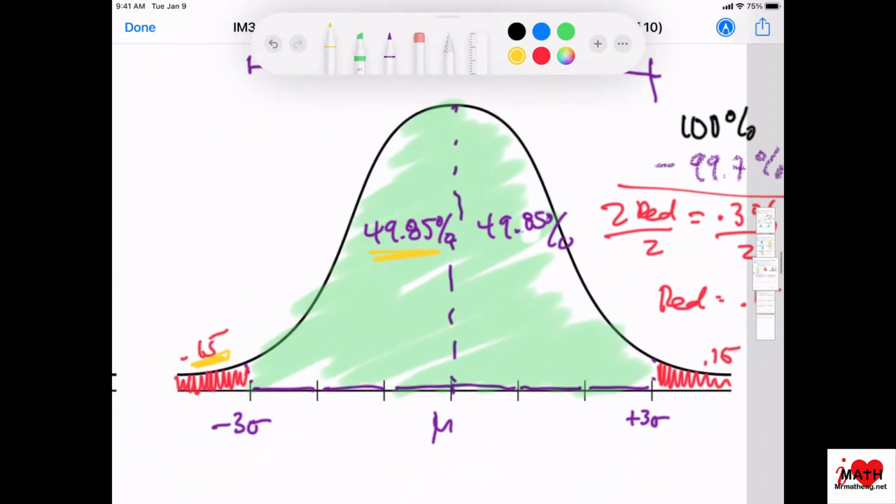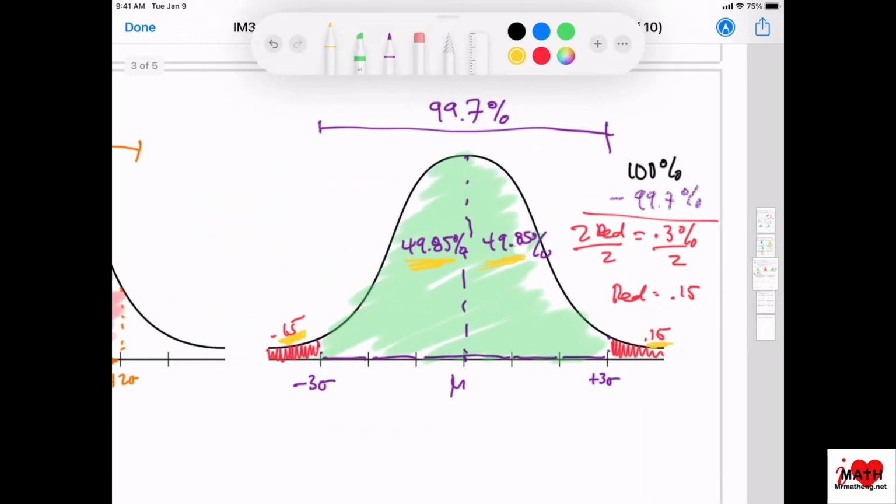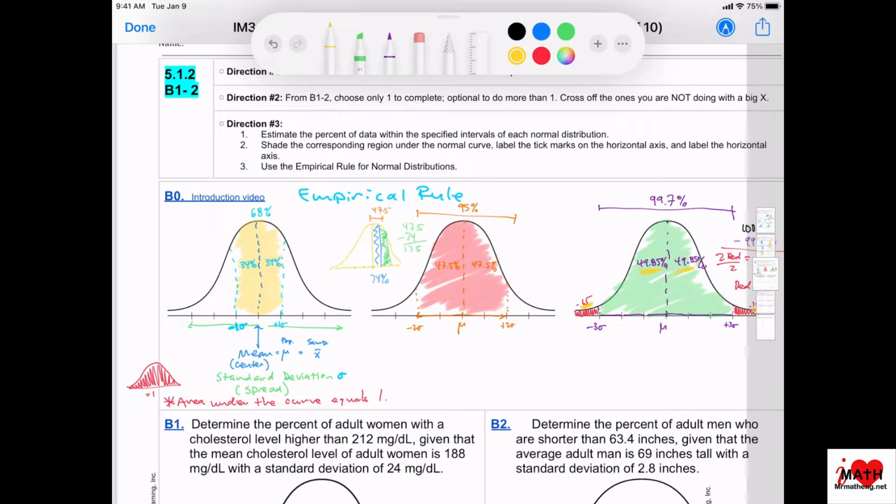Let's try that again. Okay, so 0.15 plus 49.85 plus 49.85 plus 0.15 will give you 100%. Okay? So this is called the empirical rule. So basically in the next problem set, you're going to do the same thing. You're going to do the shading of region, and then you'll use the empirical rule and kind of divide them up to figure out the estimated percentage.